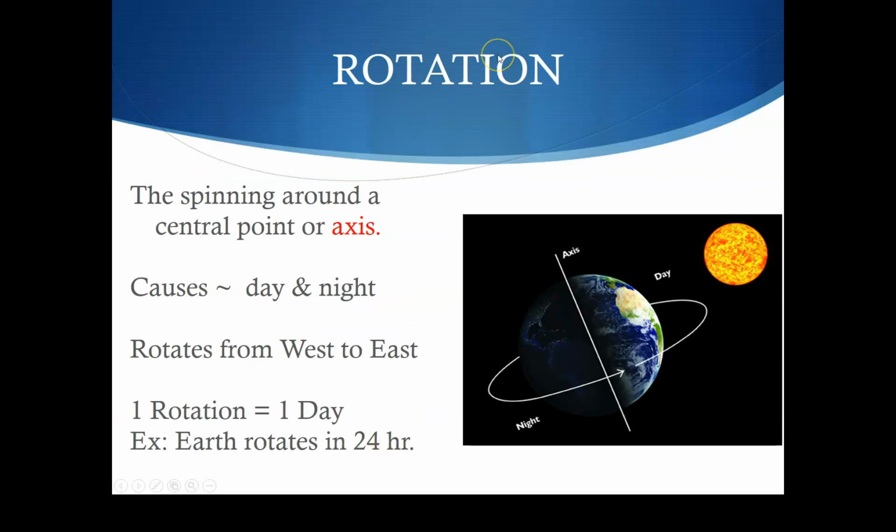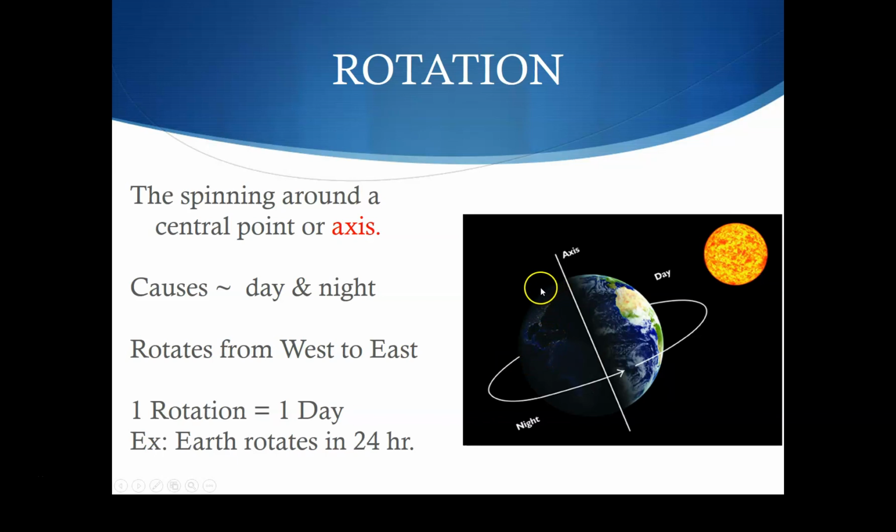So back to rotation. The Earth rotates every single day, from east to west, and you can see that in this picture. The side of the Earth that's facing the sun is experiencing daytime. The side of the Earth not facing the sun is experiencing nighttime.